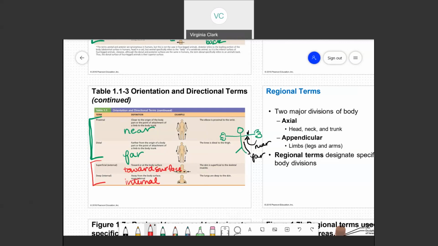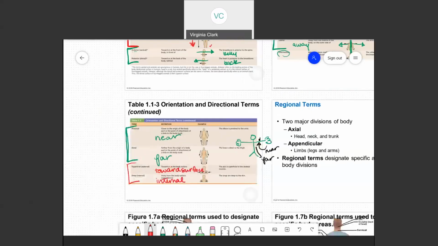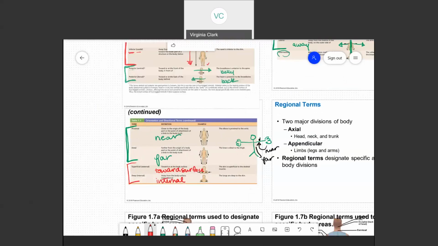Okay, another kind of directional term is just talking about the division of the body. So we have North and South America. When you look at a map, you're going to have axial and appendicular parts of the body. So it's just like thinking through a map.